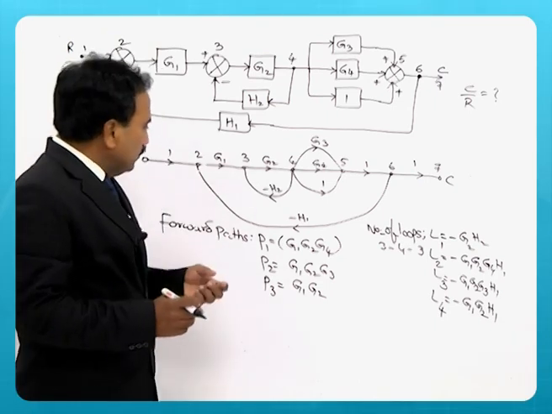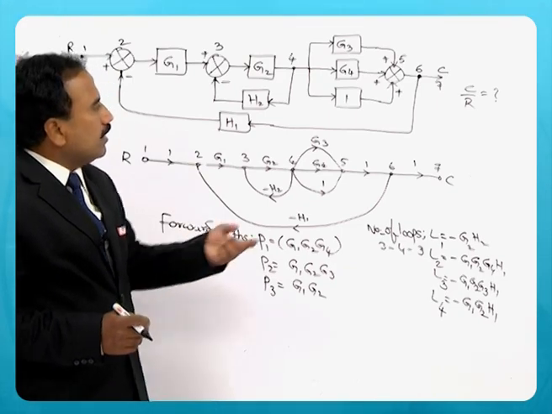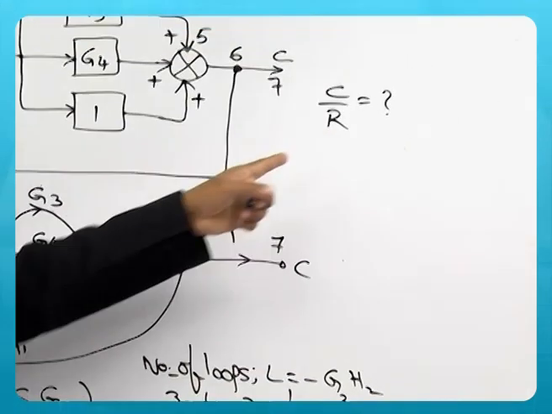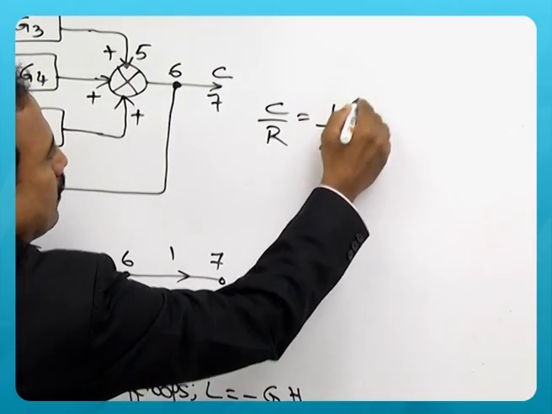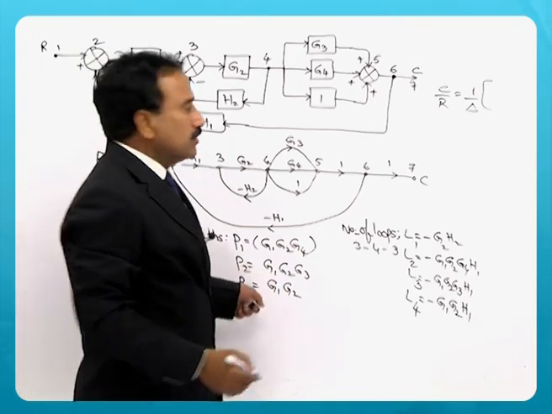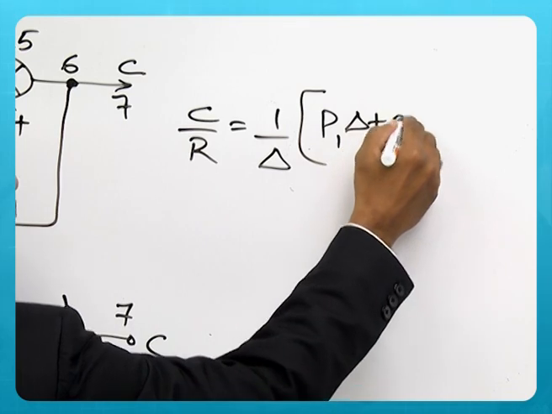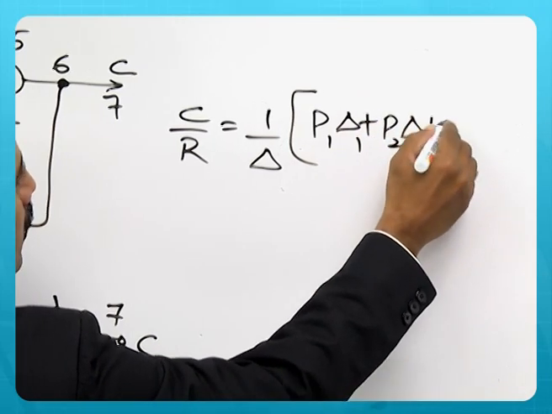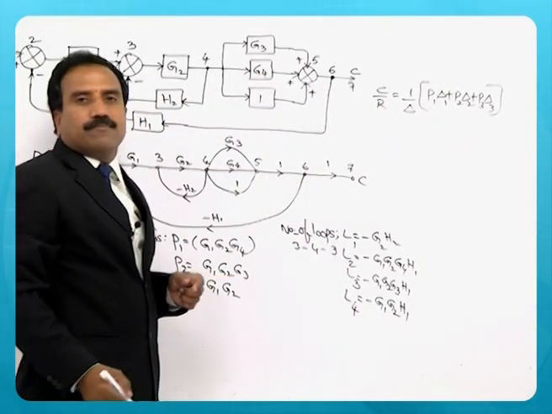Now you need to find the transfer function C by R using Mason's gain formula, that is 1 by delta into, since there are three forward paths, I must write here P1 delta 1 plus P2 delta 2 plus P3 delta 3. That is the formula.